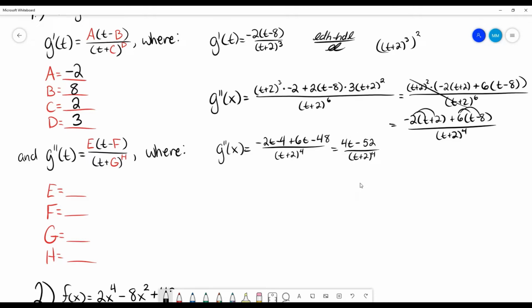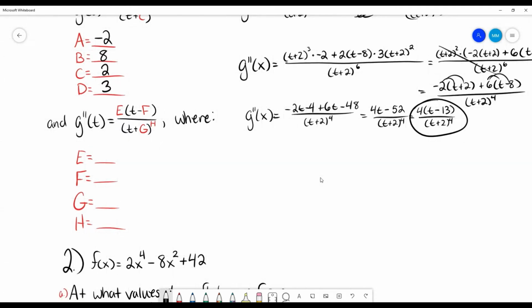So we've got a coefficient in front, and we're going to factor out a 4. So 4 times t minus, let's see, 26, 13, I think. And boom, there's our answer, where E is 4, F is 13, G is 2, and H is 4.